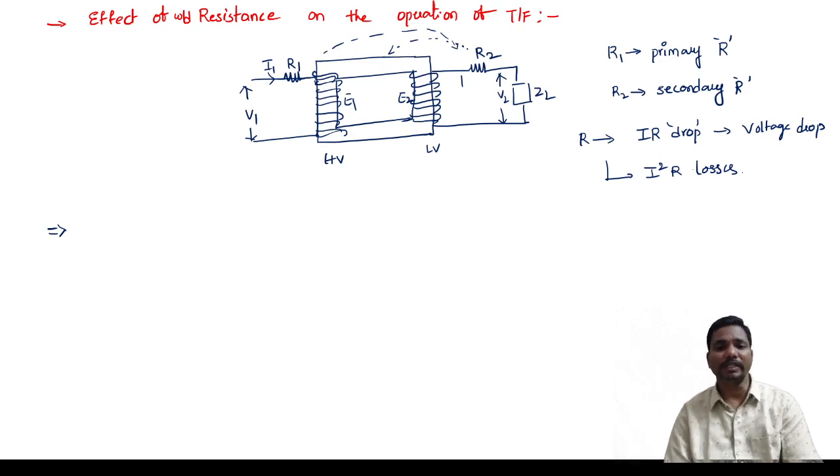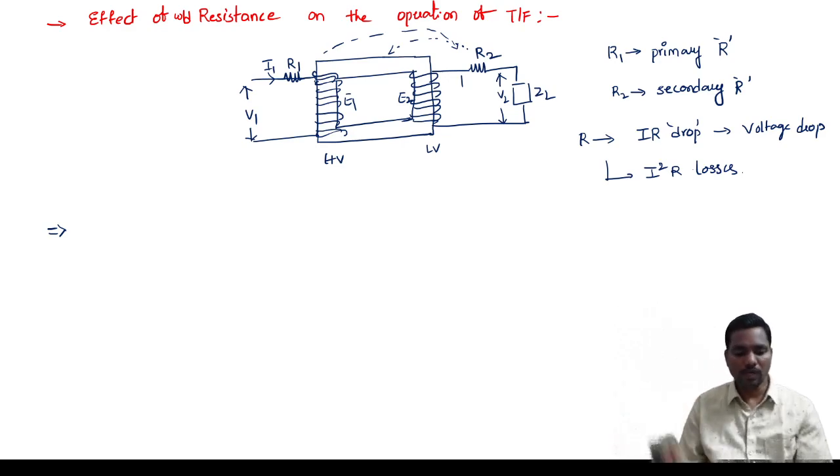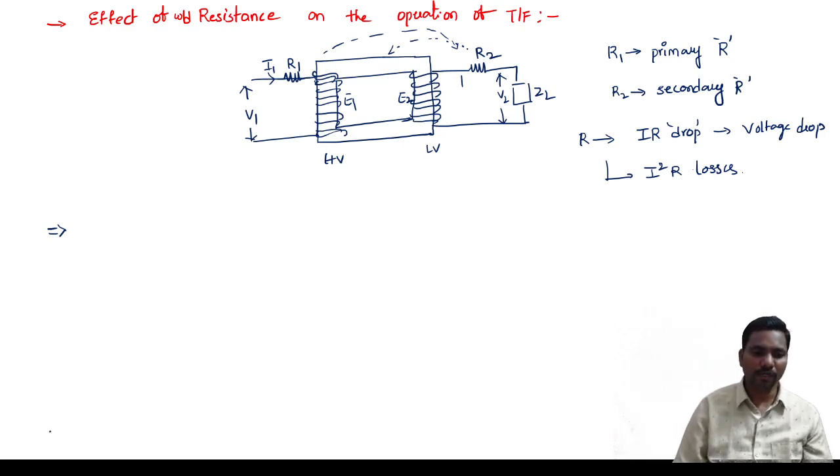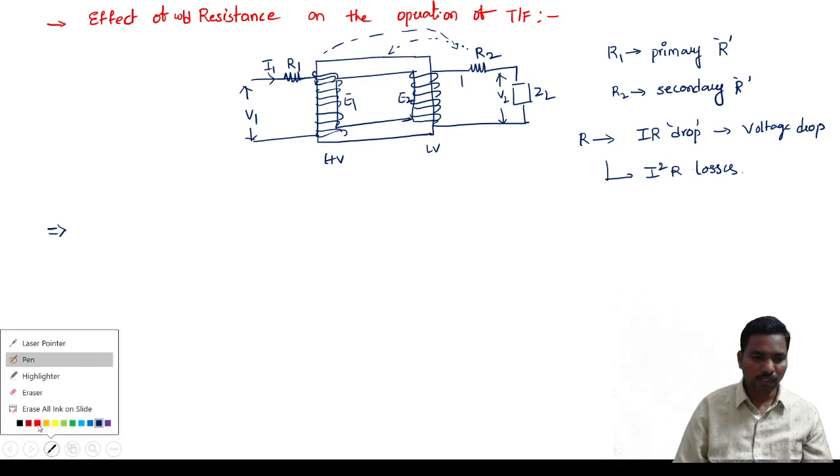For easy calculations. If you transfer the resistance from secondary to primary or primary to secondary, it becomes a simple electrical circuit, and you can easily do the analysis. For that reason we have to transfer the resistance.